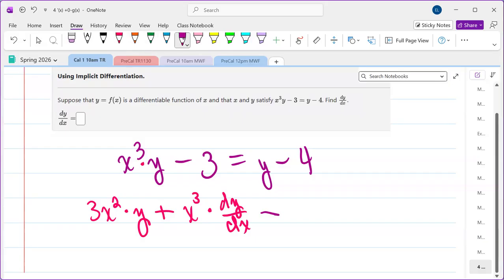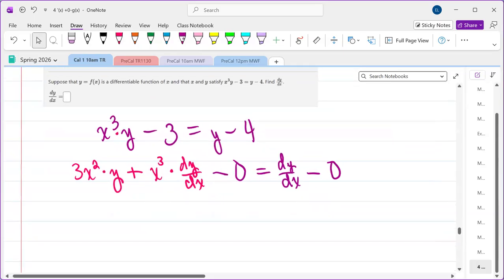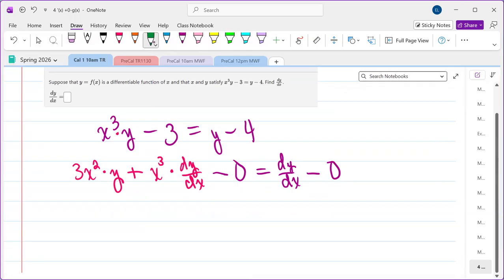Minus 3, the derivative of 3 is 0, because it's a constant, equals, now the derivative of y is dy dx, minus the derivative of a constant is again 0. So even though the initial equation looked kind of weird, like the constant's just gone.